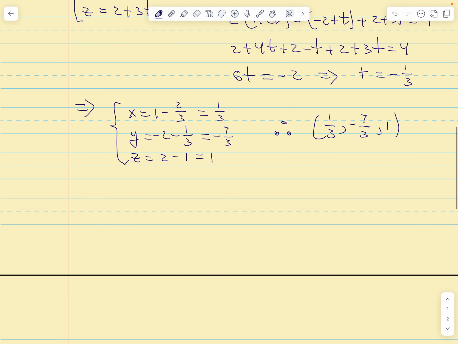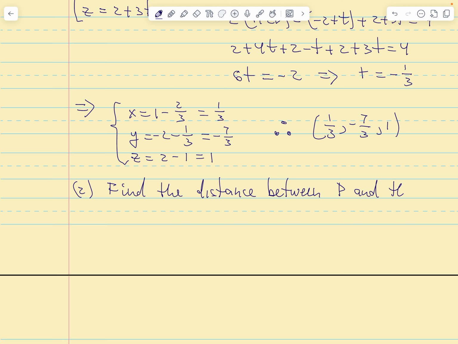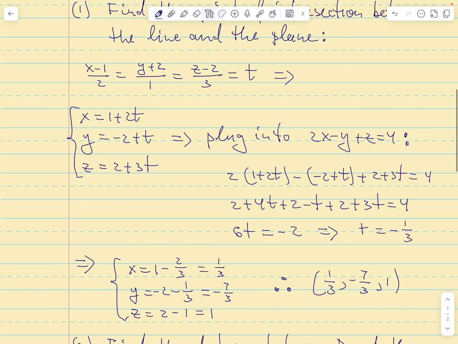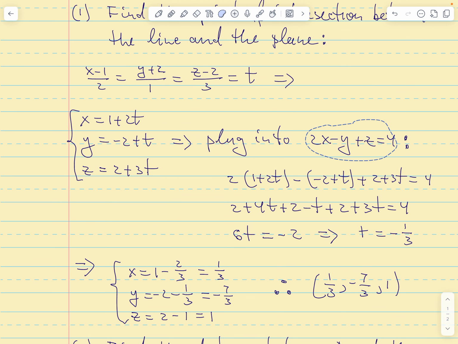And then the second part of this question, let's say I want to find the distance between my point P and the plane in my example, which is once again this.